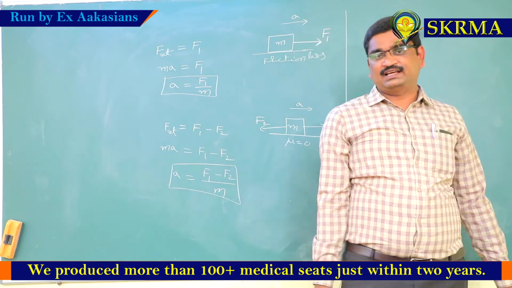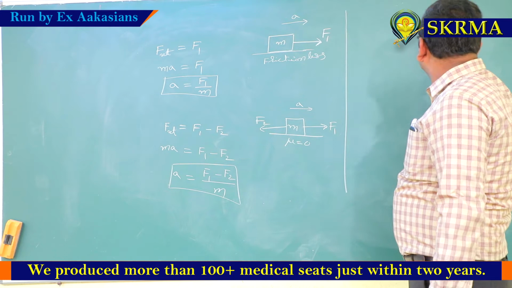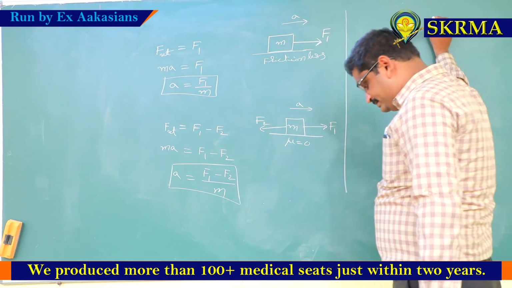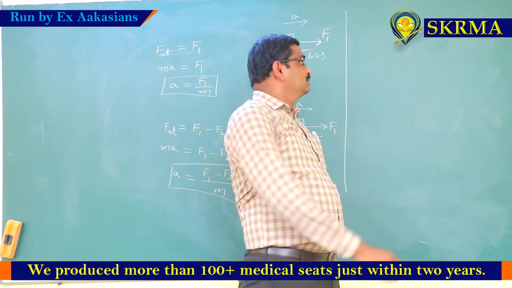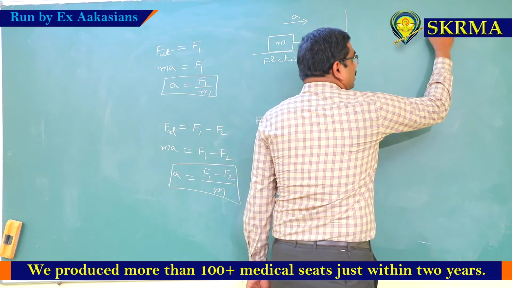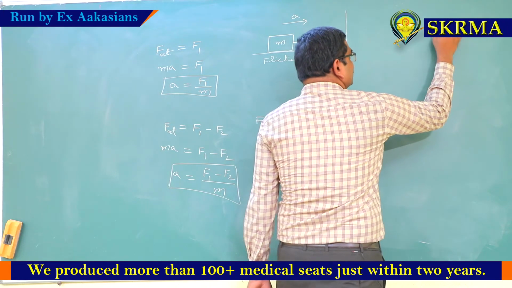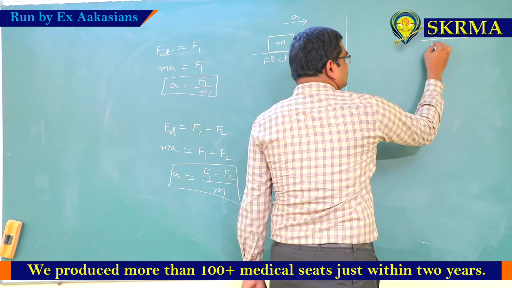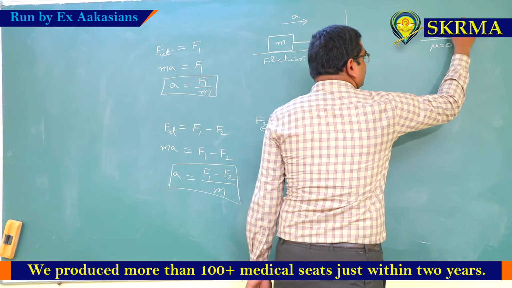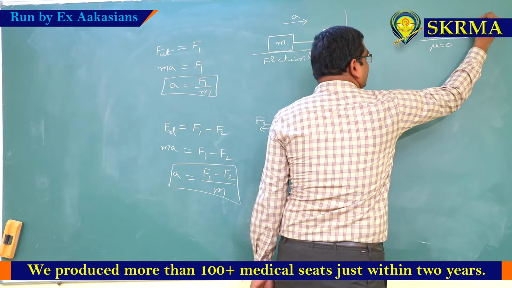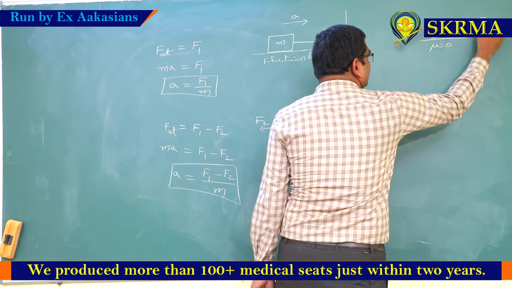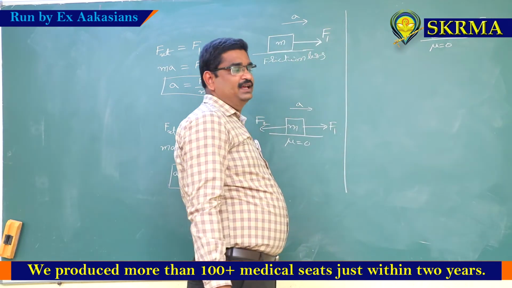Now if two forces are acting in the same direction, assume that a block of mass m is placed on a frictionless surface and two forces are acting, one is F1, the other is F2. They are acting in the same direction.